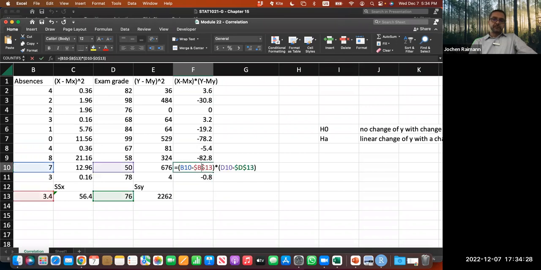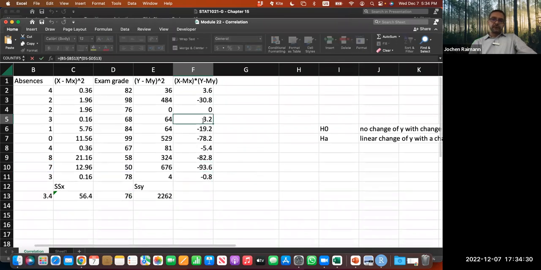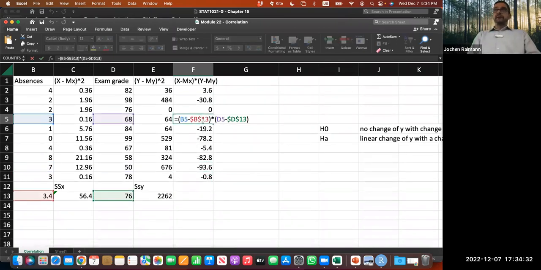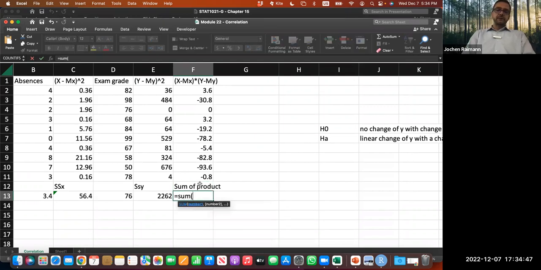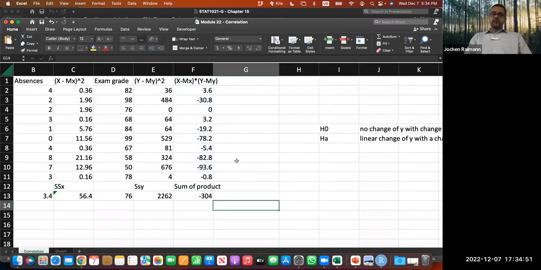And this is now each individual point, and for each individual point you get a contributed product of the deviation. Now calculating this sum of products gets you to your numerator.